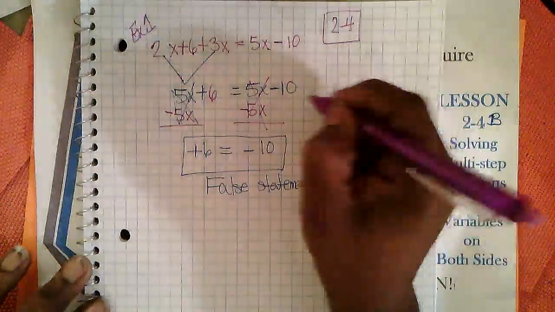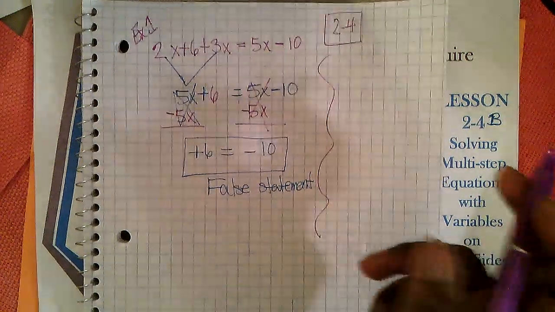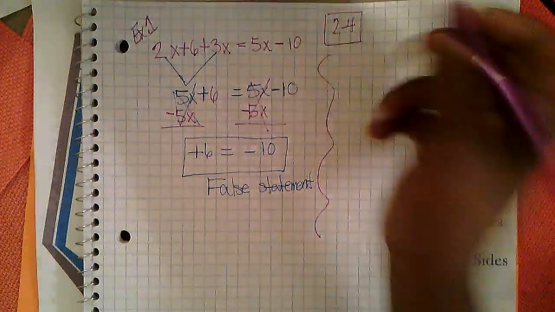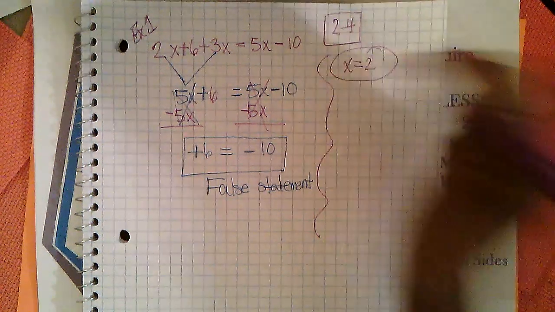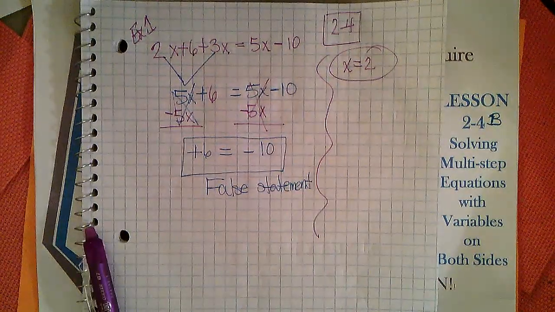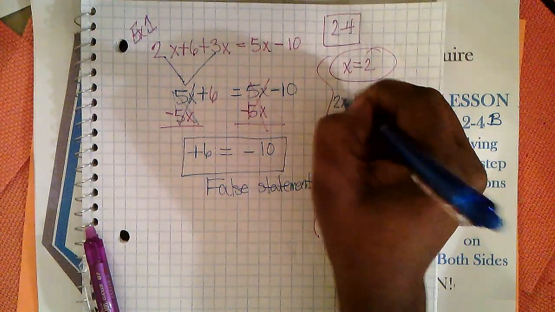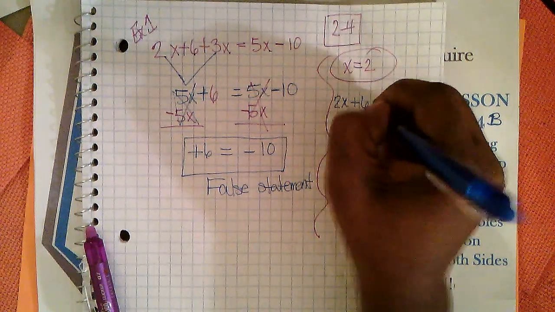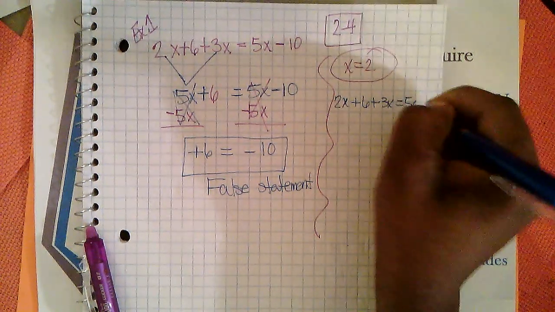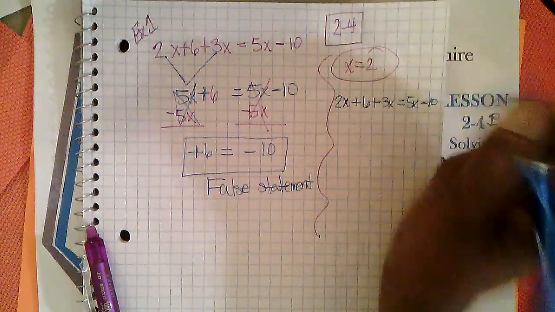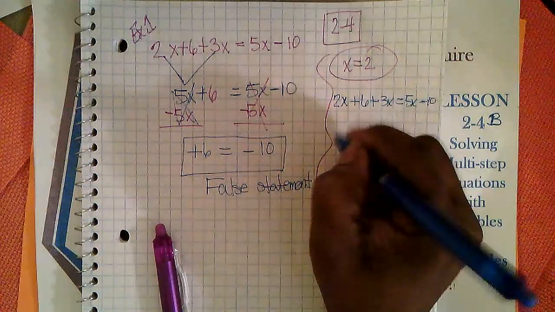Okay, so if we wanted to check that answer, we could by substituting a 2. So if we said x equals 2, and we tried it in that equation, we have 2x plus 6 plus 3x equals 5x minus 10. So wherever you see x, you're going to put a 2.